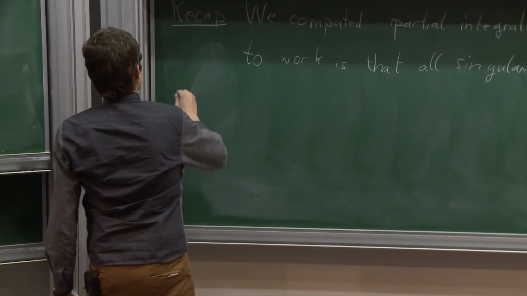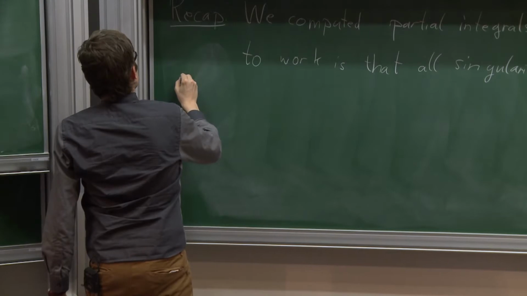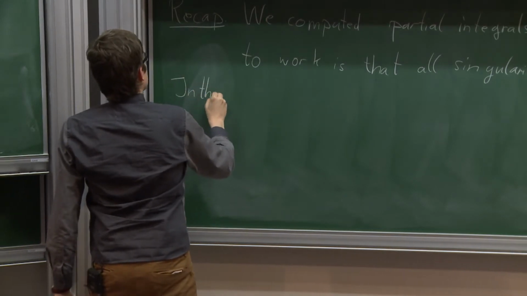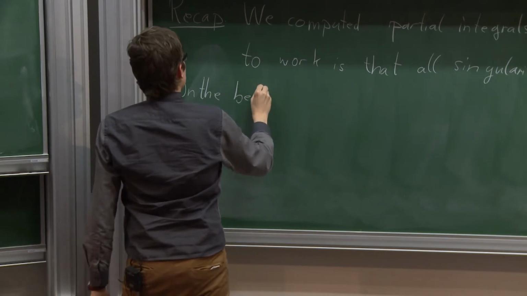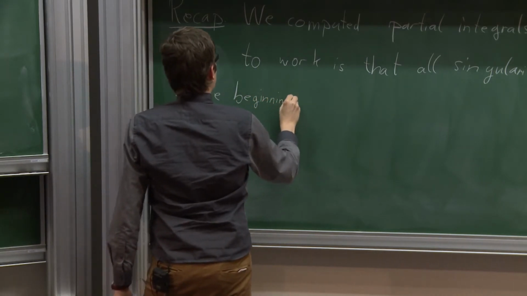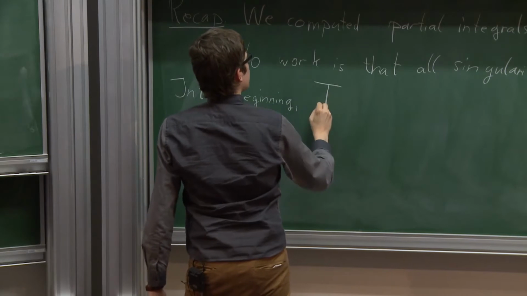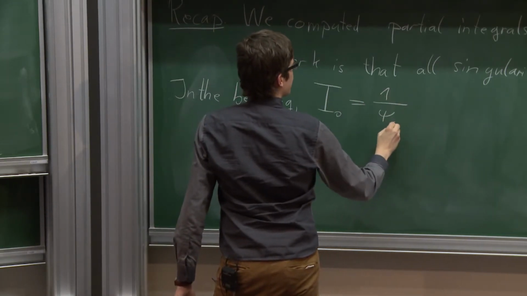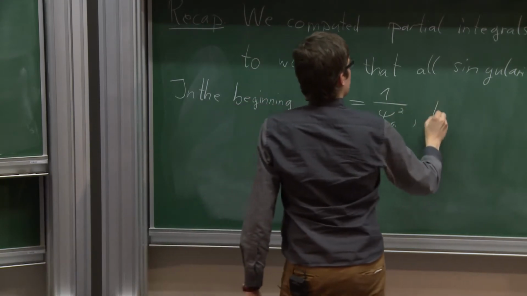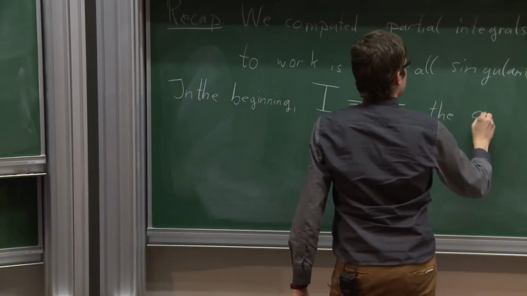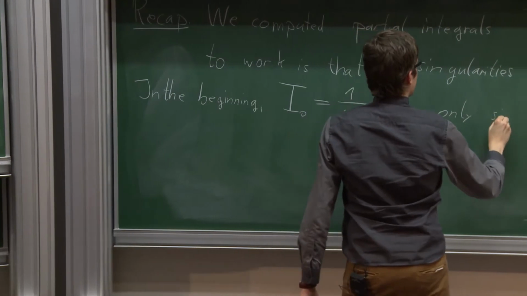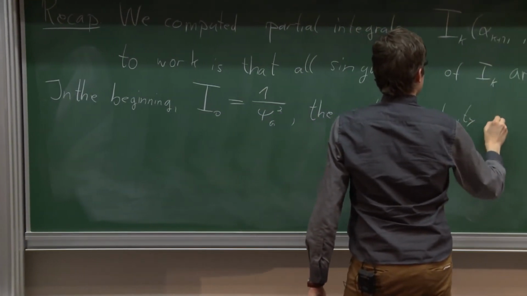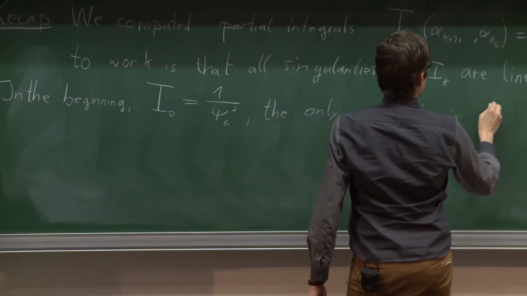So in the beginning, we didn't integrate any variable yet, so we just have 1 over psi squared. The only singularity is psi.